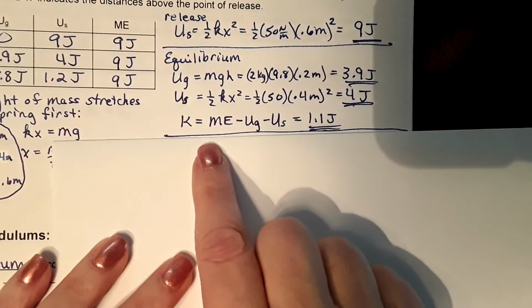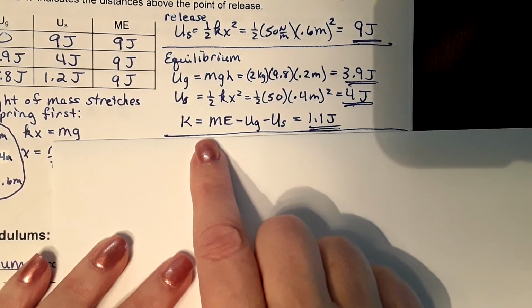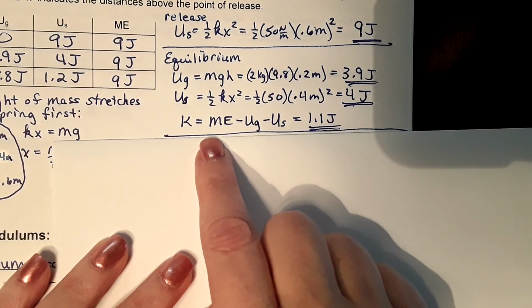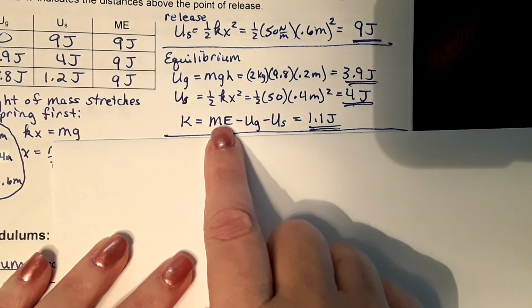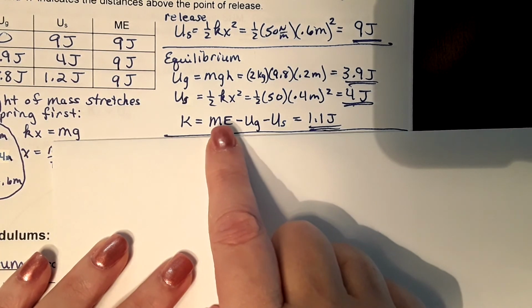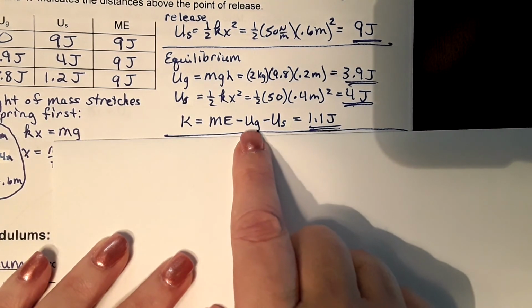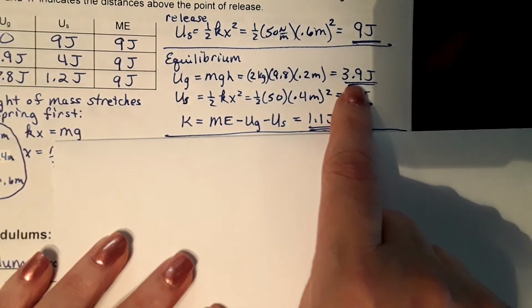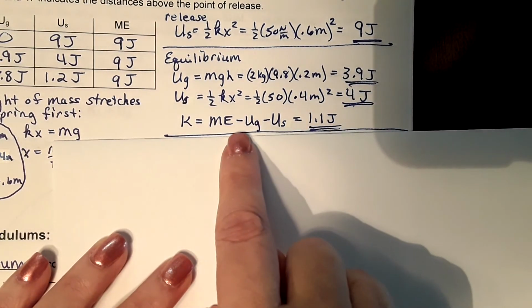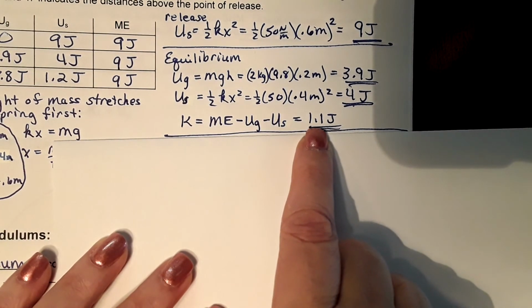So now, look how I found the kinetic energy. Did we have to know the speed at equilibrium and say 1/2 mv squared? No, we didn't. All we had to do is realize we can only have a total of 9 joules. So 9 joules minus this 4 minus this 4, well, if you don't round and leave it 3.9, then what's left over to be kinetic energy would be 1.1 joules.